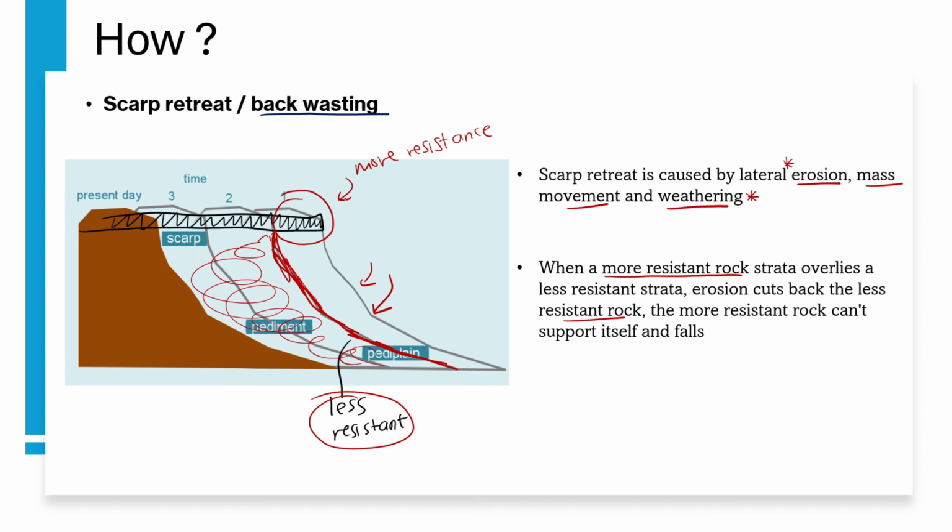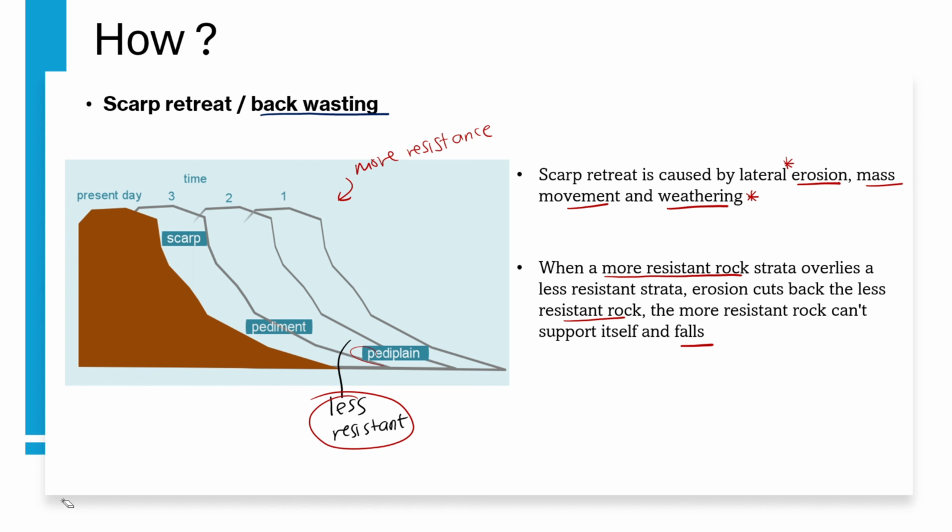So this more resistant rock, although it is not easily eroded away, will be left unsupported and it will eventually fall off. So this process will continue, and the less resistant rock will also be eroded, and then the more resistant rock will follow as well. Keep on eroding it until we remain with something like this.